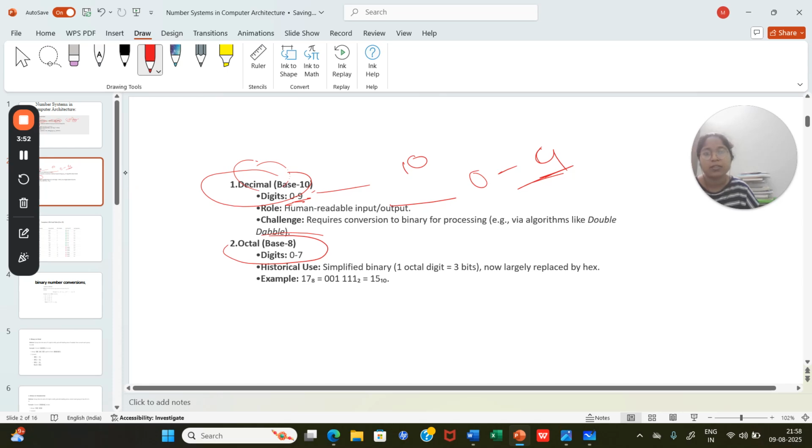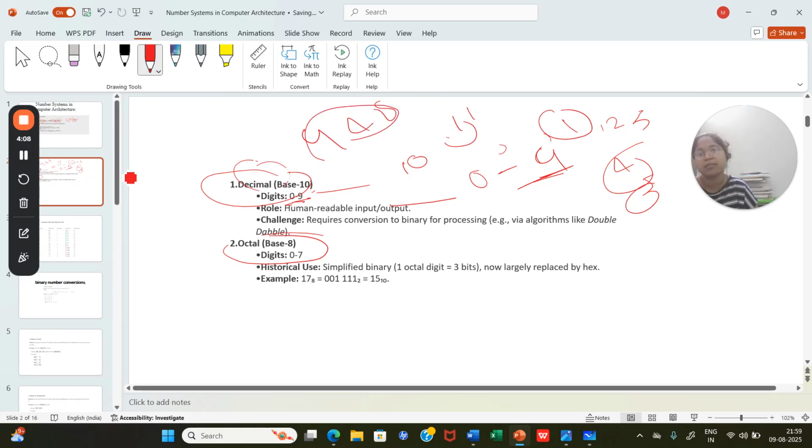From these digits 0, 1, 2, 3, 4, 5, we make numbers again and again. For example, take 11. By using 1 we make 11. If you want to make 948, all these digits come under the 0 to 9 range only.